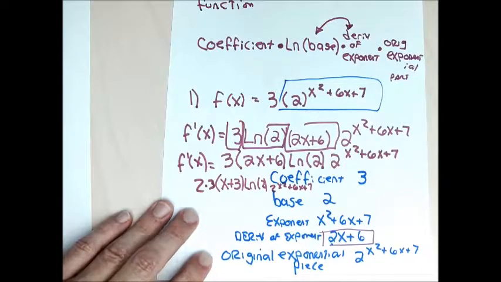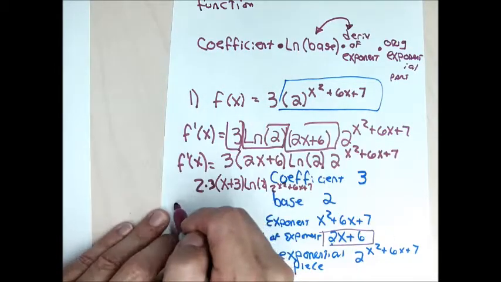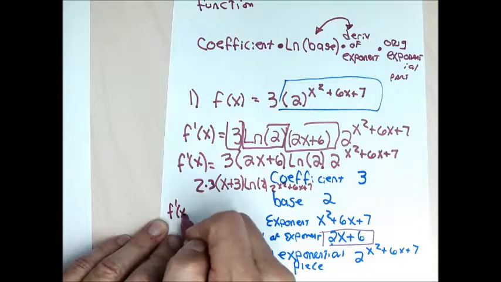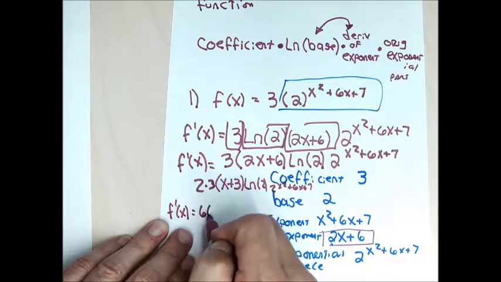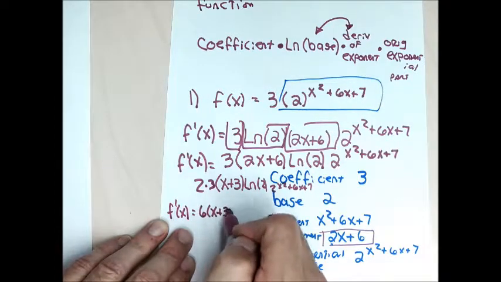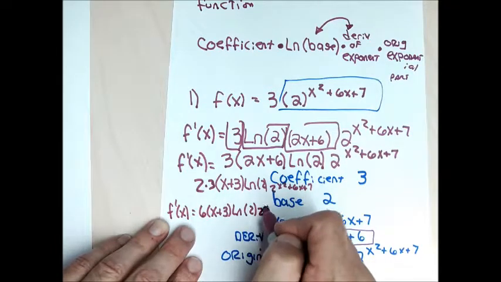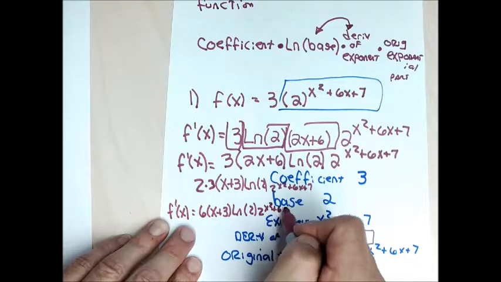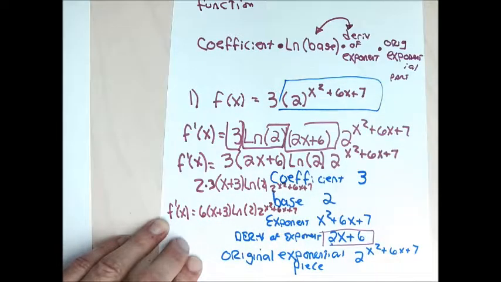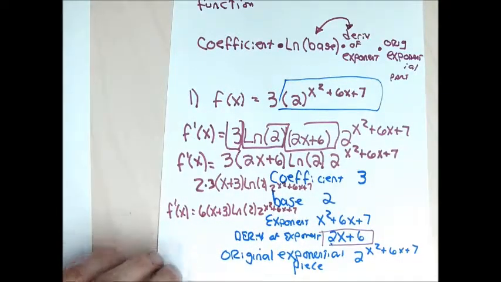So if I was writing a derivative for this exponential function, I'd say the derivative is probably 6 times (x plus 3) times the natural log of 2 times 2 to the x squared plus 6x plus 7. And that would be probably the nicest derivative that I could come up with for this particular function.